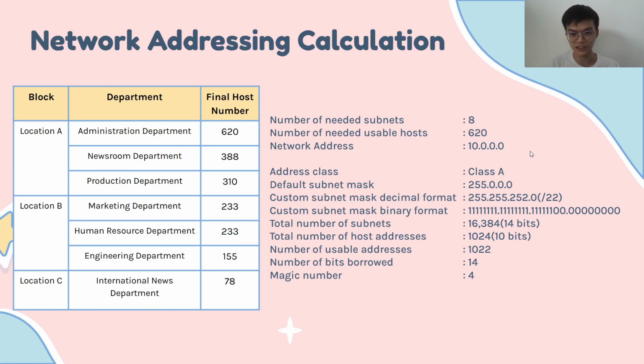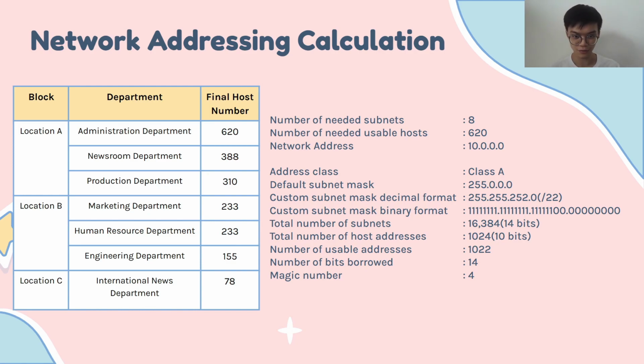We change it to binary format, and it has 14 bits of subnets borrowed from the host, which gives 16K total subnets. For the host addresses we have 1024, which is 10 bits of host address.